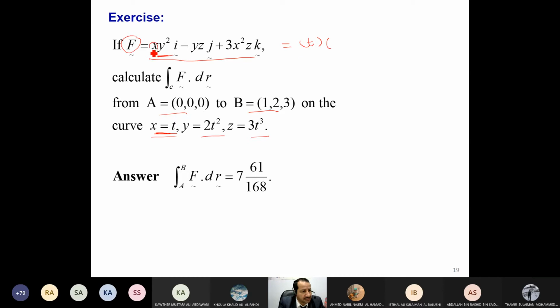Now x will be converted into t. y squared, I put it here, (2t squared) all together squared i, minus again y times z. z is given here, 3t to the power 3, j, plus 3t squared times z. z is 3t.